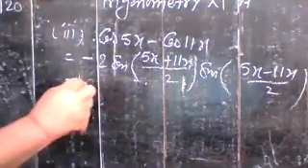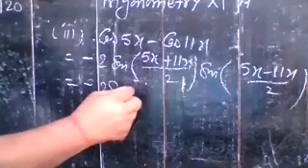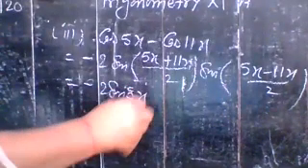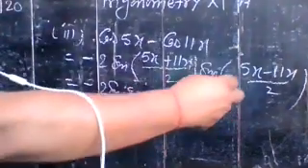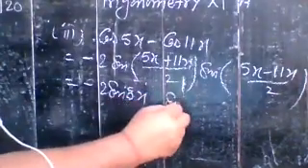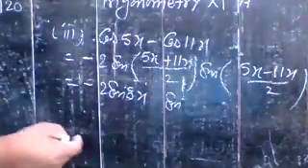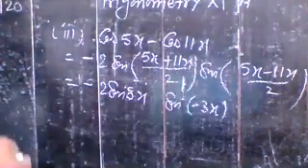So minus 2 sine, here you have 16x by 2, so that is 8x, and sine of minus 6x by 2, so sine of minus 3x.